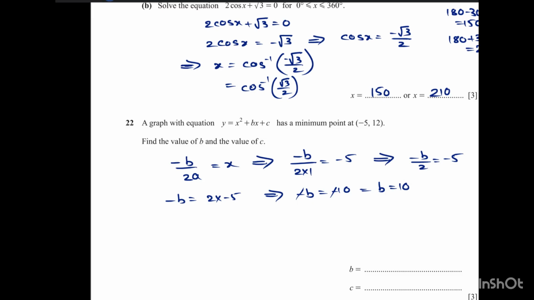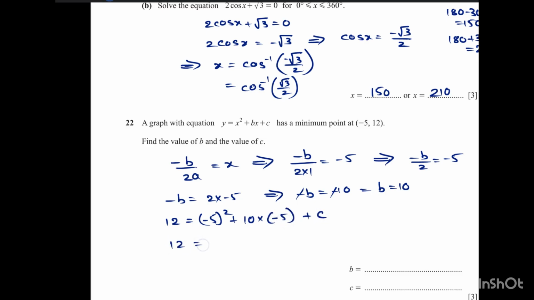Now y value is 12. X is minus 5, y is 12. So you substitute that in the equation. 12 is equal to x square, you take the value of x as minus 5 whole square plus b, you know the b value also now, that is 10, into x value which is minus 5 plus c.